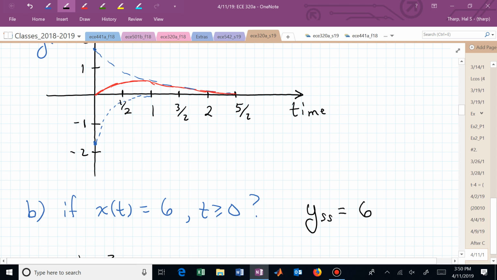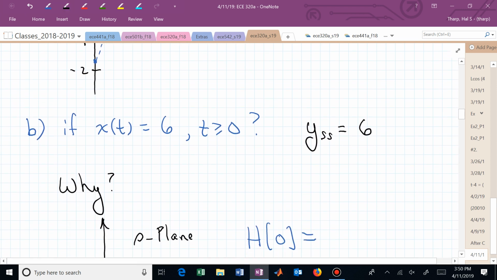You've injected 6, and you haven't quit hitting it with 6. You just keep hitting it with 6. And does that 6 have much frequency content? No. You're low-pass filtering something that's not changing, so you're basically seeing what you're injecting.